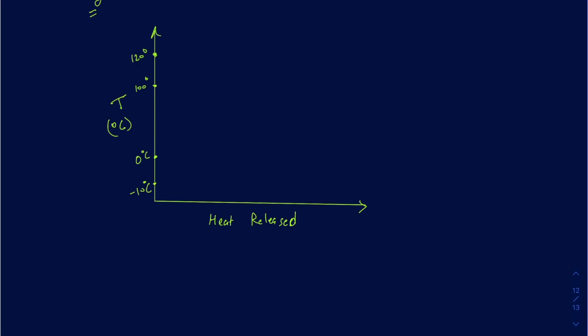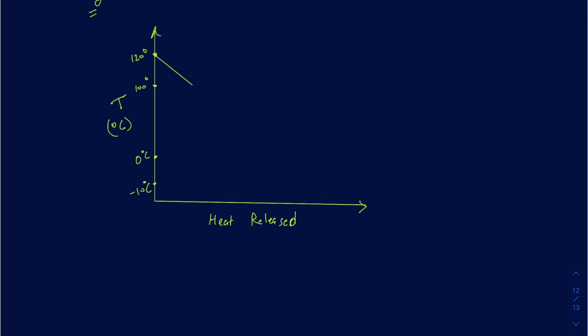So if I'm starting at 120 and I decrease the temperature, the steam's temperature is going to decrease until you hit 100 degrees Celsius. So when you're decreasing the temperature, you're releasing heat, all right?